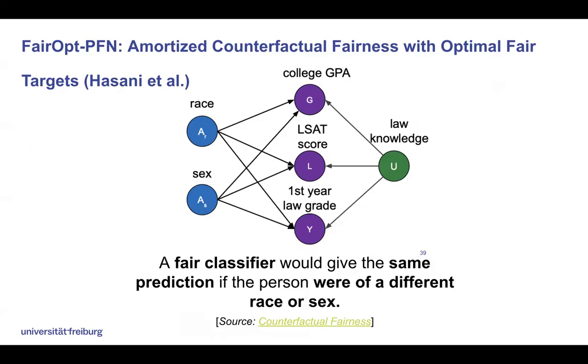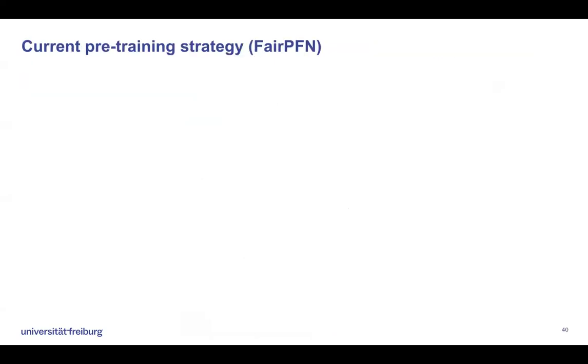And when you want to, for example, predict the college GPA, the LSAT score, or the first year law grade, we want this prediction to essentially solely depend on the law knowledge of the corresponding person and be independent of these protected attributes. But we can't just remove these features because there might be some causal relationship between the protected attributes and other features, and so they might have some influence in there. And, well, how do you deal with this?